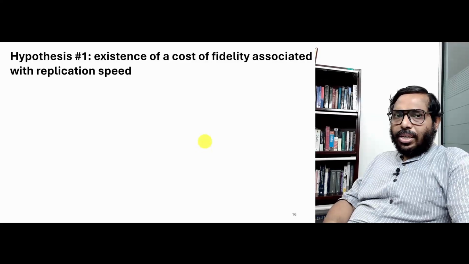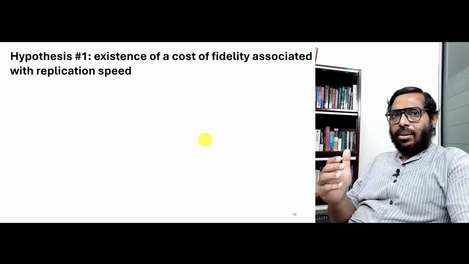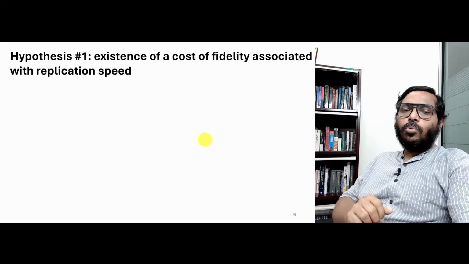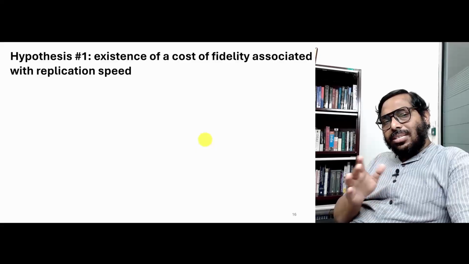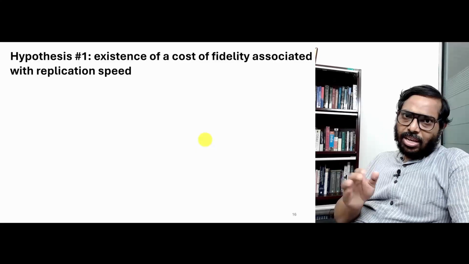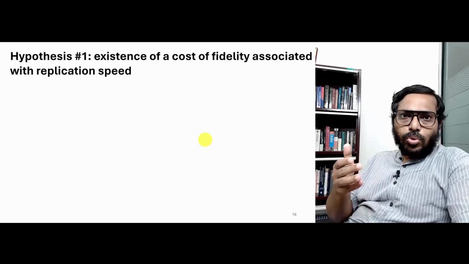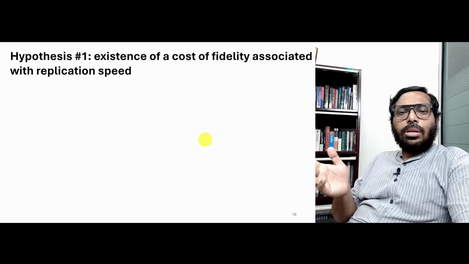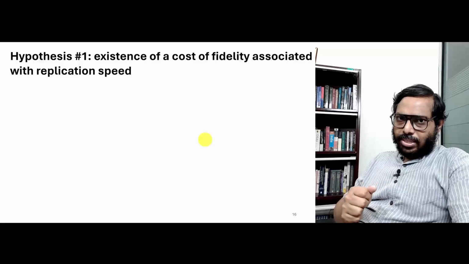So, one possibility is that there exists a cost of fidelity with replication speed. Now, what do I mean? We know that different organisms have cells replicating at very different rates. Some, like bacteria, are probably replicating every 20 minutes or so on average, whereas humans or some other cells replicate at a much slower pace.